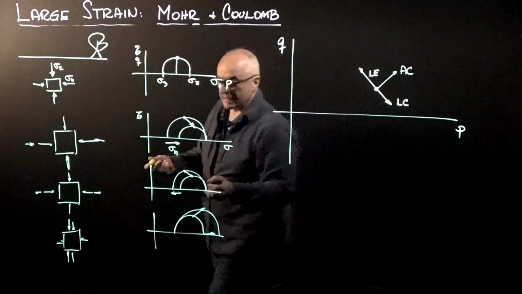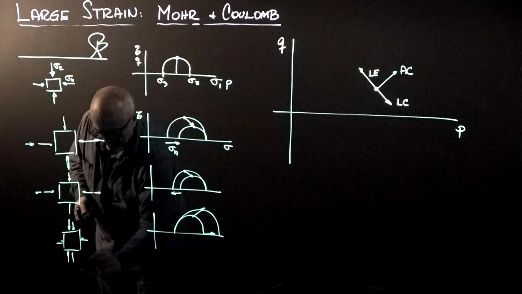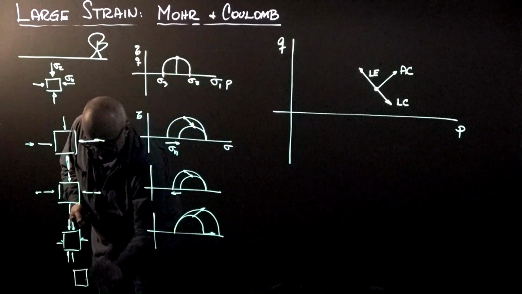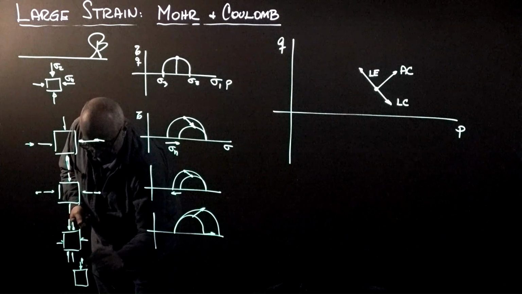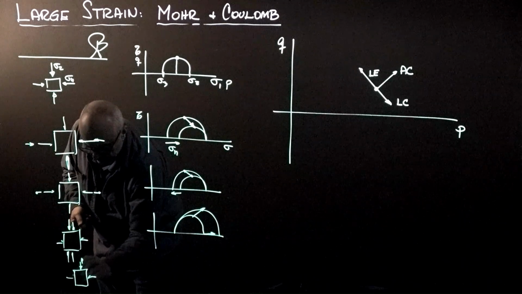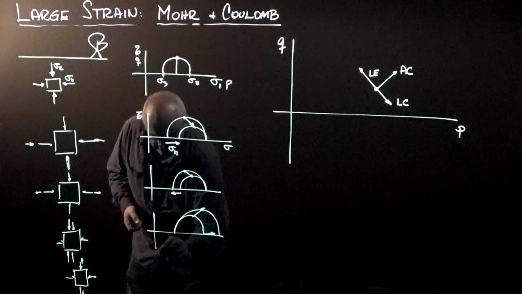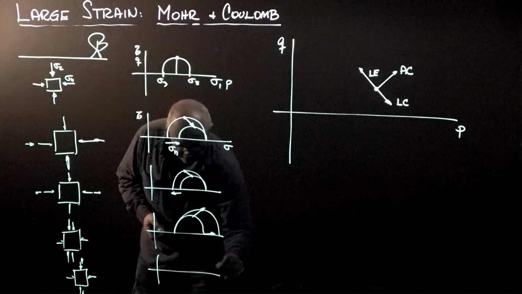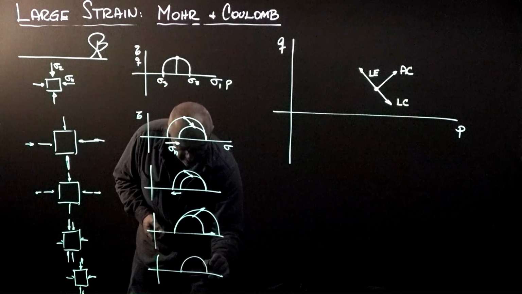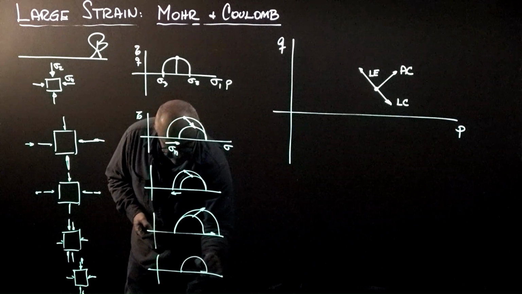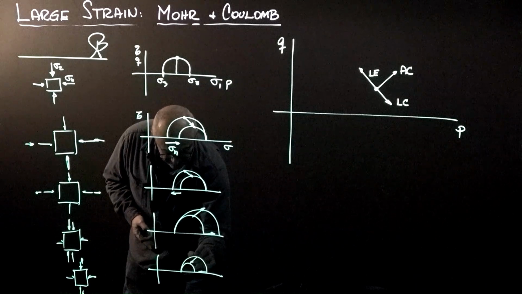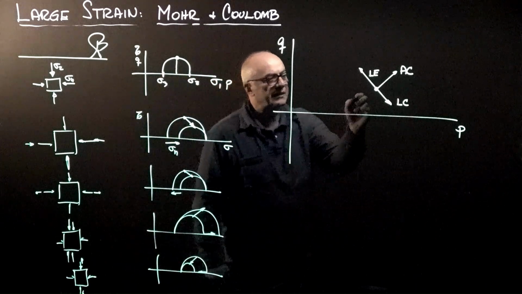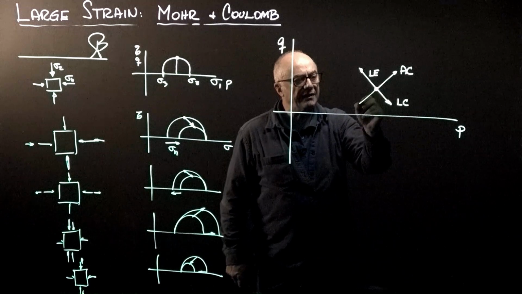Lastly, if you take the element and unload part of the vertical load, removing part of it while maintaining the horizontal constant, then from the initial situation the vertical stress is going to decrease and the circle is going to decrease, and this is the stress path. So in this case, we are doing an axial extension.